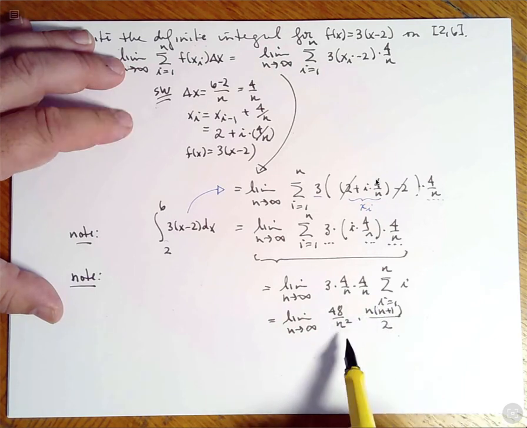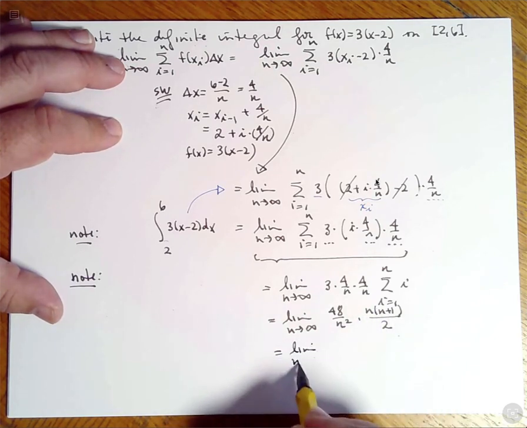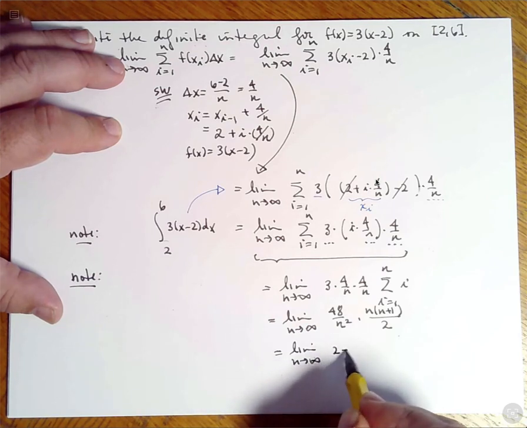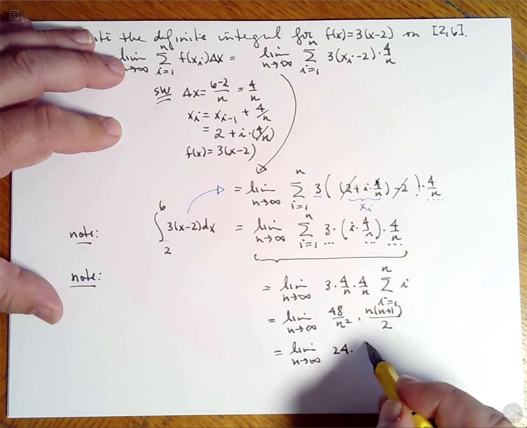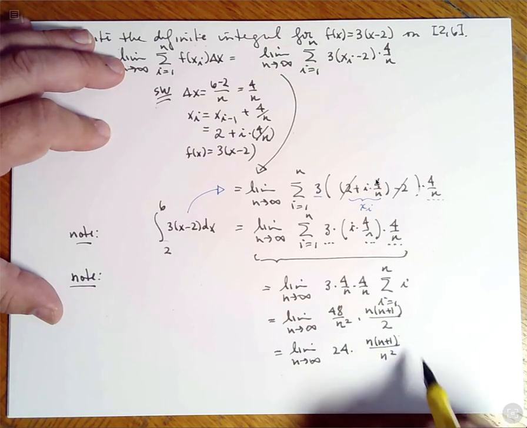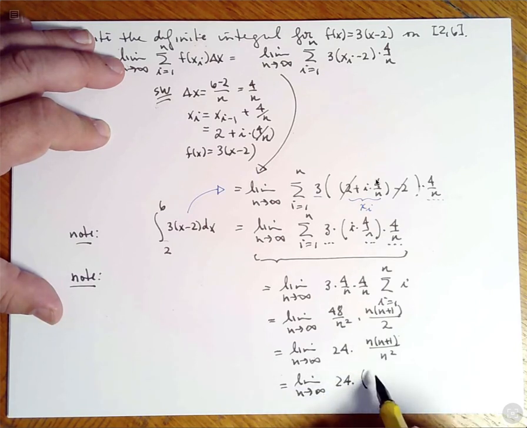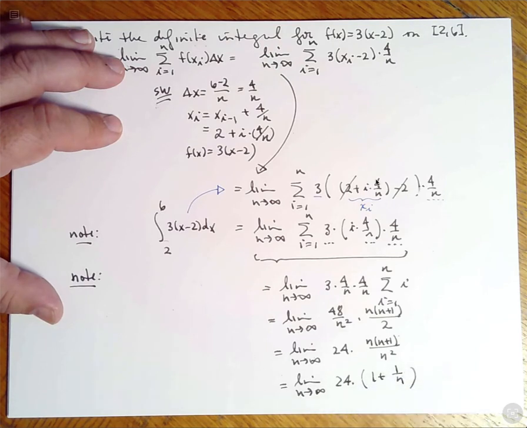But why is this useful to us? Well, look at this. So this is 24 times n plus 1 over n squared. This is n squared plus n. Let's write this one more time. If you work this out, you get 1 plus 1 over n.